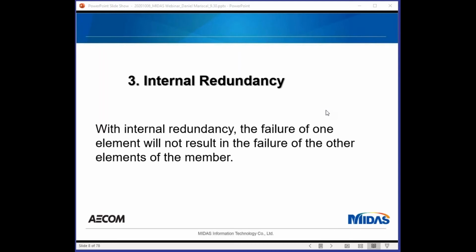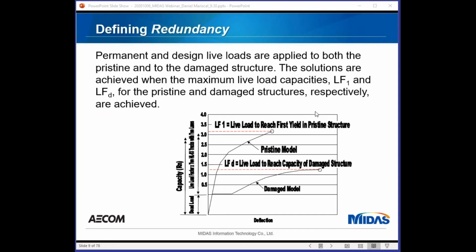And internal redundancy is a little bit more intricate, and it's almost similar to the previous one. At the end, redundancy means that if one of the major important elements of a structure breaks, the load can be redistributed via different ways to the other members. That's redundancy in a nutshell.